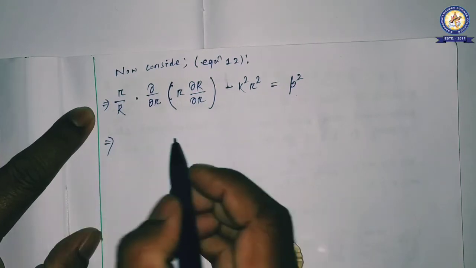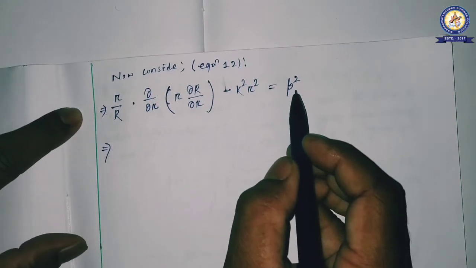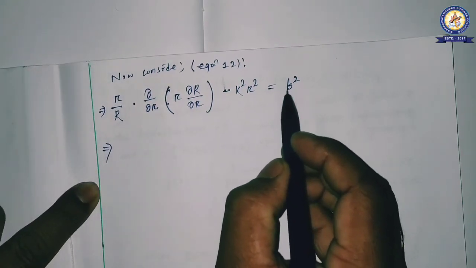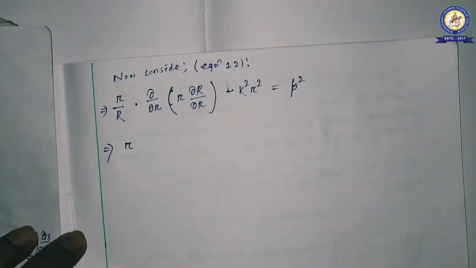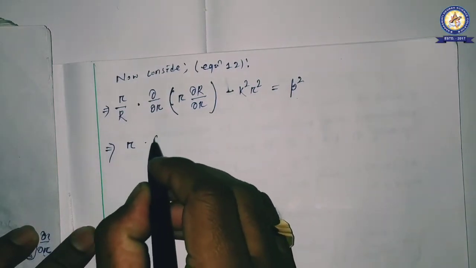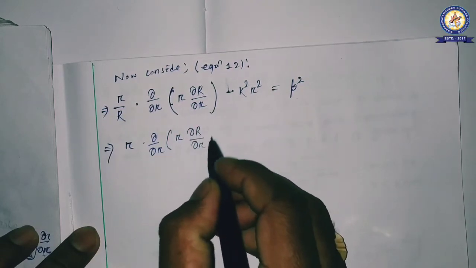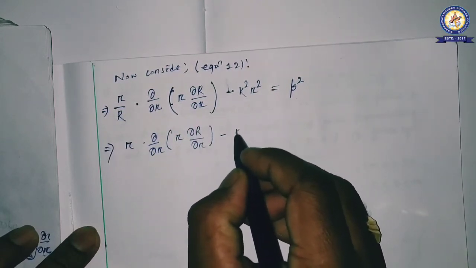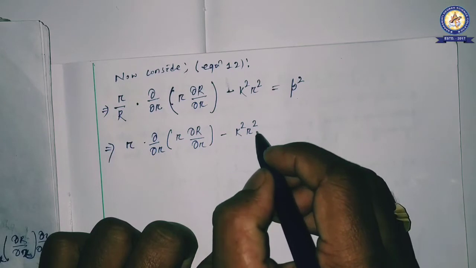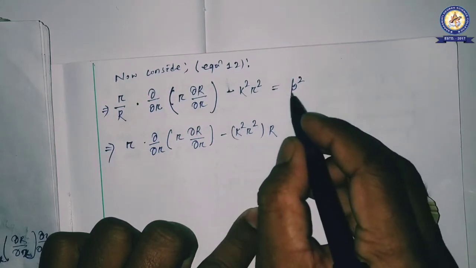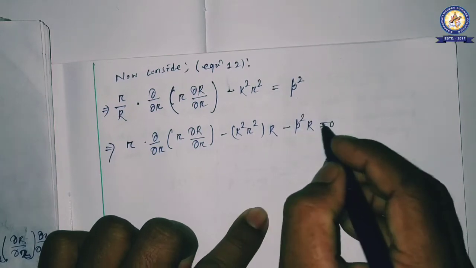So that implies we can write that this r is going to multiply over here and here, and then we are going to take this term to this side. That means r into del by del r of r into del capital R by del r, minus k square r square into R, this will be p square into R, so minus p square into R equal to 0.